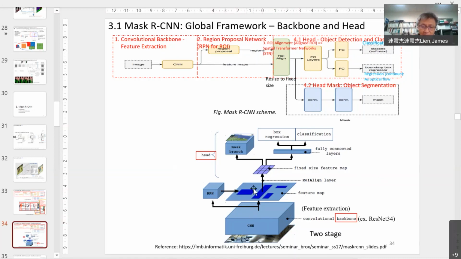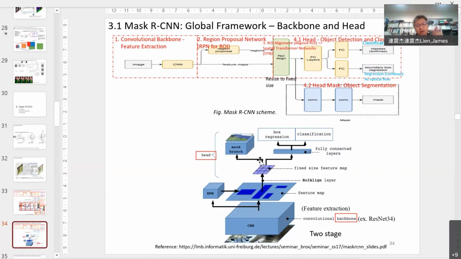and based on the bounding box, you try to get the feature from here, and then normalize to the same size. So each bounding box will be normalized to the same size, but it includes the features. And then you have one output from the right hand side, which is the bounding box.